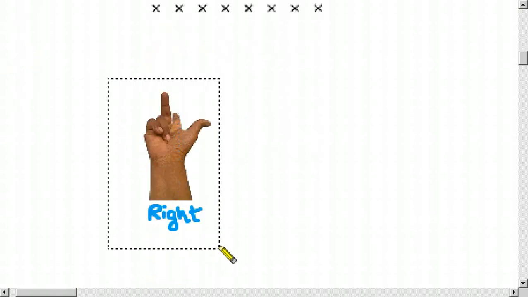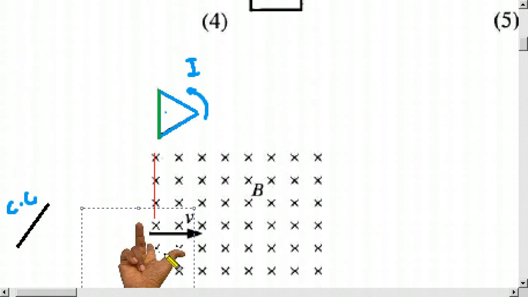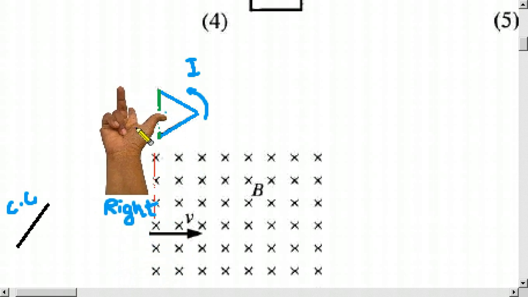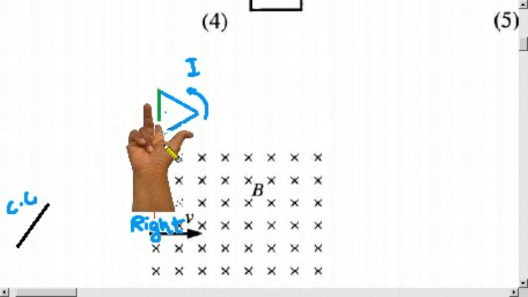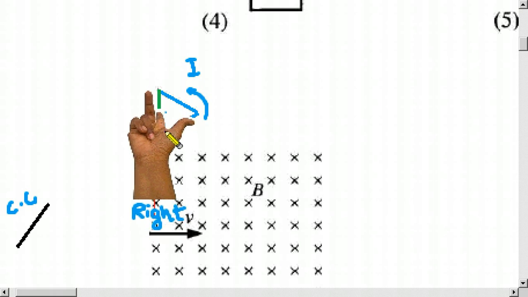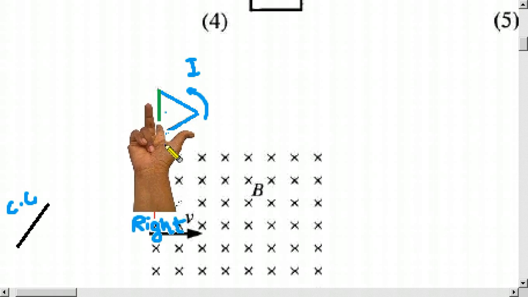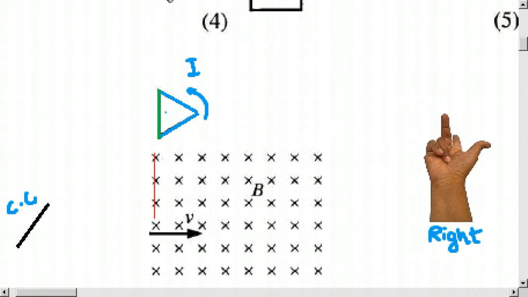So let us use again the right hand, like this, moving this into the paper. The center finger shows the direction of the current. So the direction of the current is upwards like this, same magnitude.